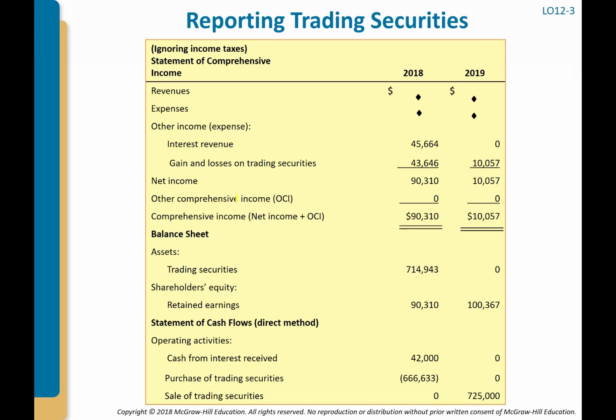You get it that then that gain would have been closed out to retained earnings, and our retained earnings would have gone up by the amount of gain in year two, right? And then the entire sale of the securities shows in the statement of cash flows, and it's operating because it's a trading security. Question on trading security? Okay. Main takeaway is what? Mark to market on the balance sheet. Unrealized holding gains and losses go where? Straight to the income statement, right?